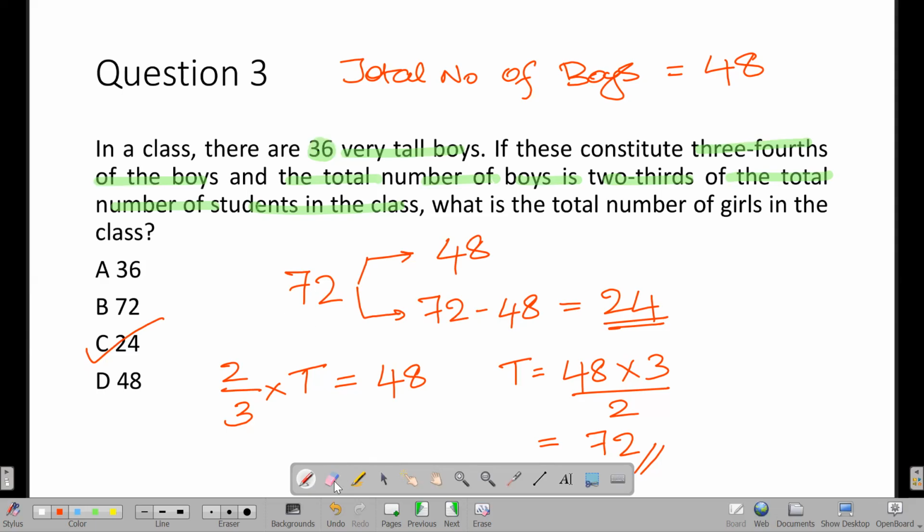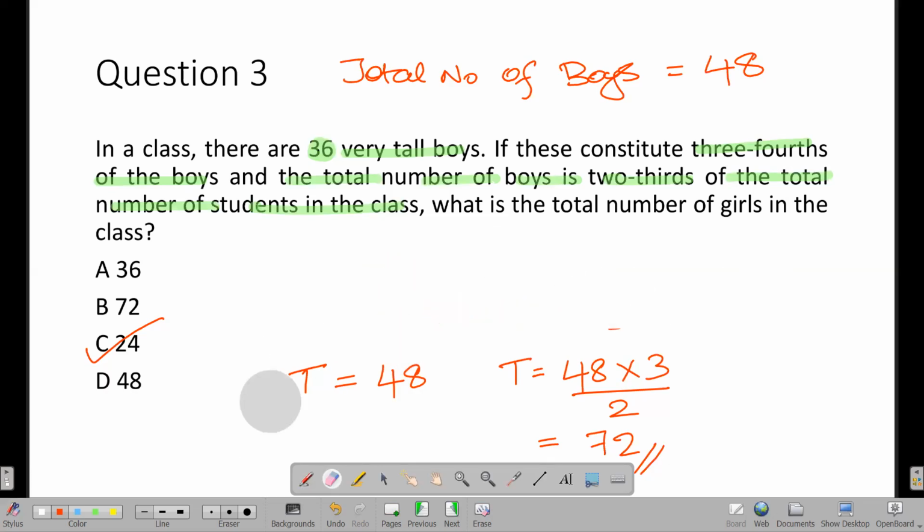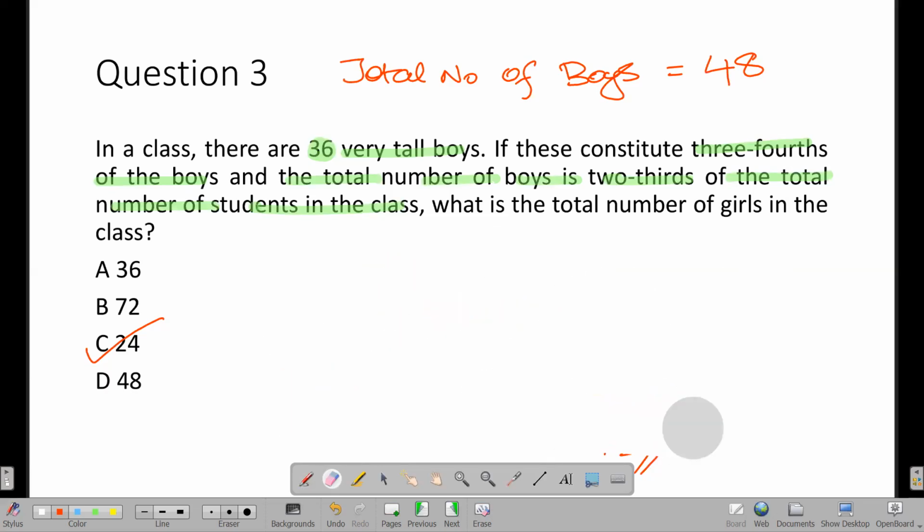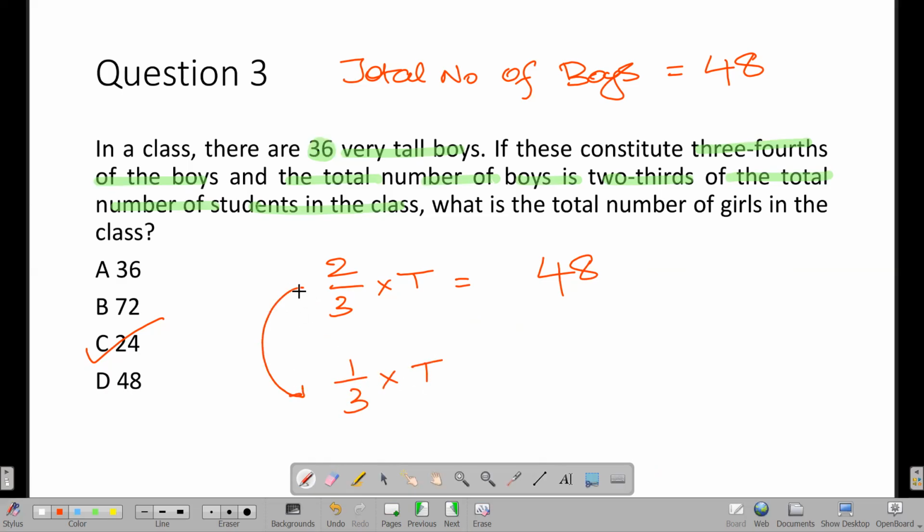Now, I have a different method for solving this question, that is to find the total number of girls. I know that 2/3 of the total is equal to 48. The remaining is 1/3 of the total, because 2/3 plus 1/3, when you add, you will get the total, right?